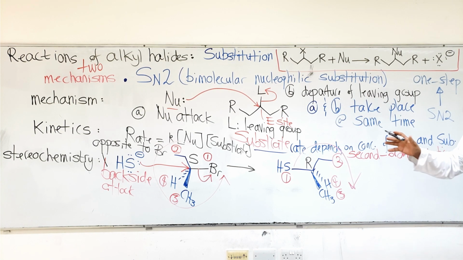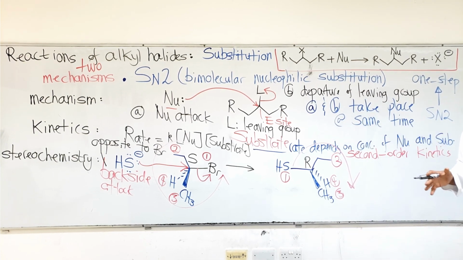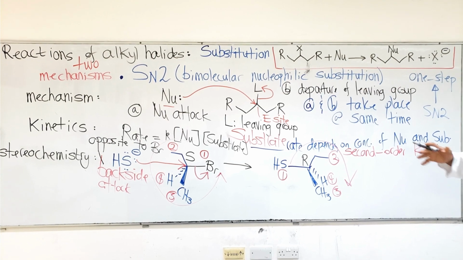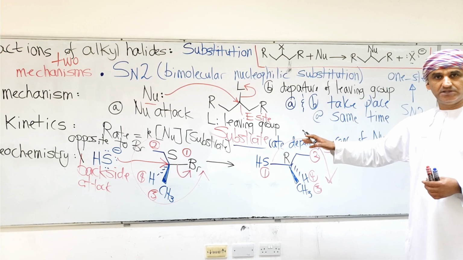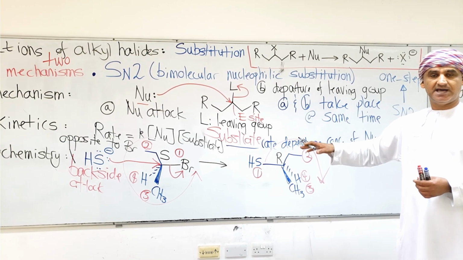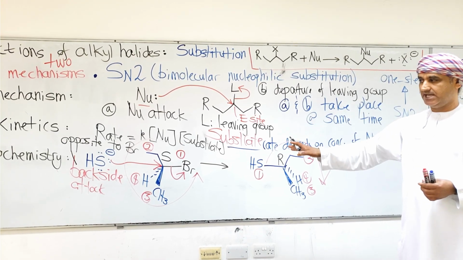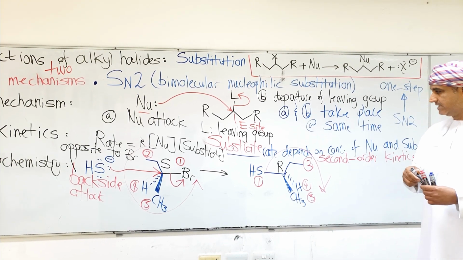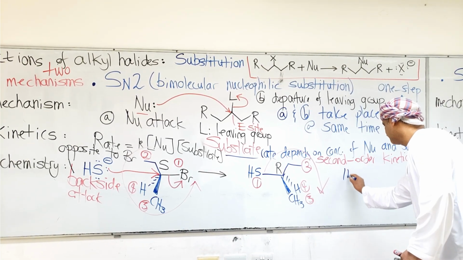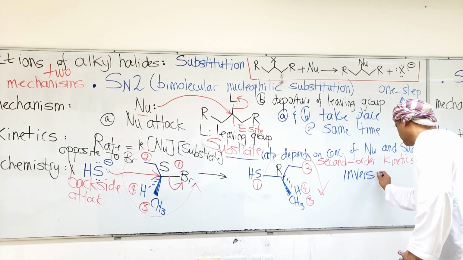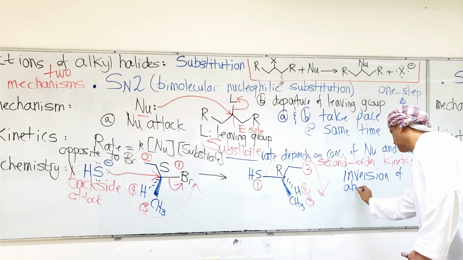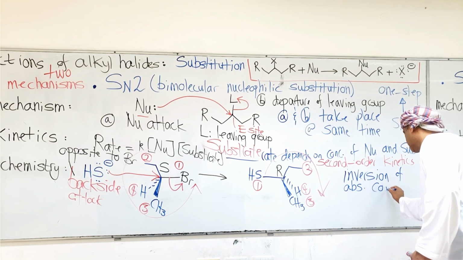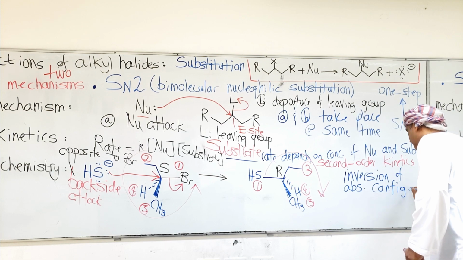And there is, therefore, a change. There is, therefore, inversion of absolute configuration in this SN2 mechanism type. That's because the nucleophile attacked from the opposite side to the leaving group. It's a backside attack from the opposite side, and there is now inversion of absolute configuration.